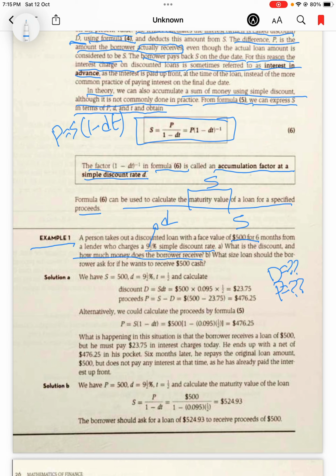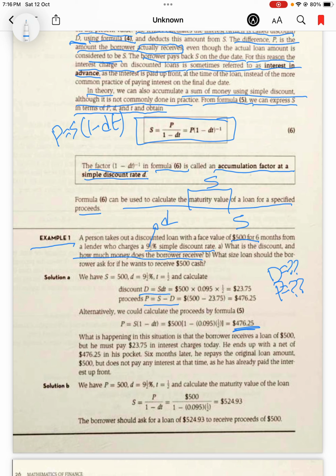D equals S d t, which is this, and B will be S minus D. Or you could calculate the proceeds B by formula 5, S multiplied by 1 minus d t. But in order to find D, you must multiply S d t.